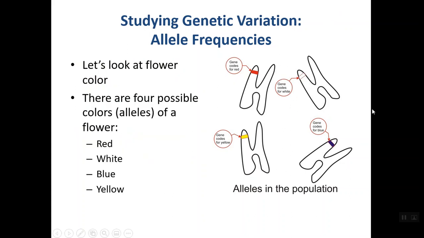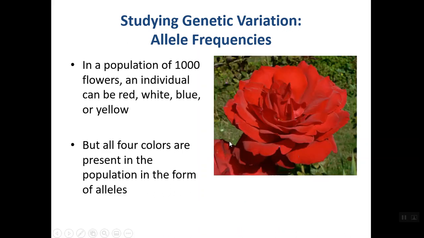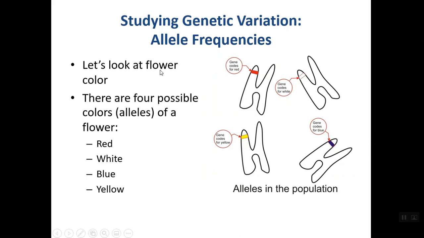Okay, so as I said, this would be an example of flower color in a certain species of plant. And in this very example, it wants to show you that the frequency or fraction of each of these alleles in the population of this species is perhaps 25%.